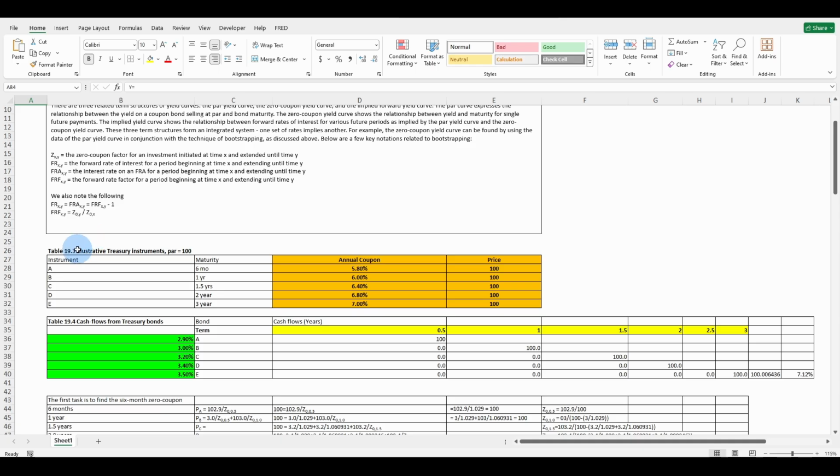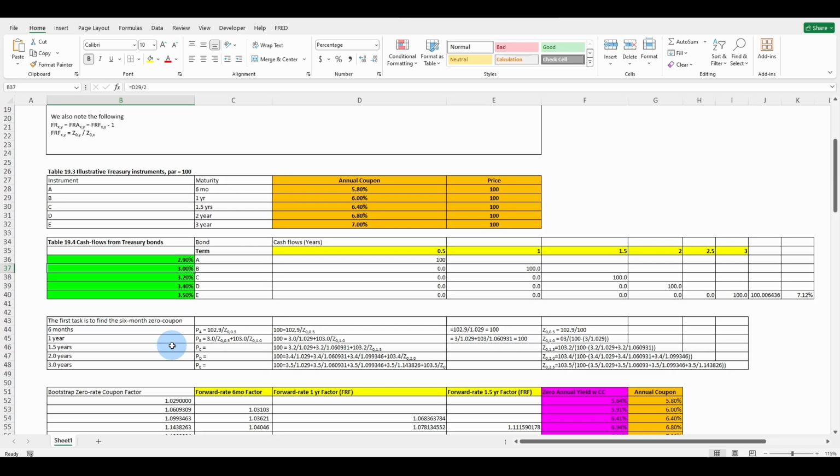To illustrate with Treasury instruments, we have maturities from 1 month out to 3 years. Here's the coupon, here's the price. Cash flow from Treasury bonds, 2.9 equals D28, 5.8, divided by 2. D29, 6%, divided by 3. Clearly, these are semi-annual.